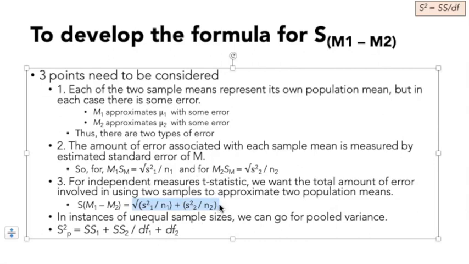And then once you do the addition, you take the square root of the entire thing. So square root of variance of the first group divided by the number of individuals in that group plus the variance of the second group divided by the number of cases in that group. So that's the basic formula here.